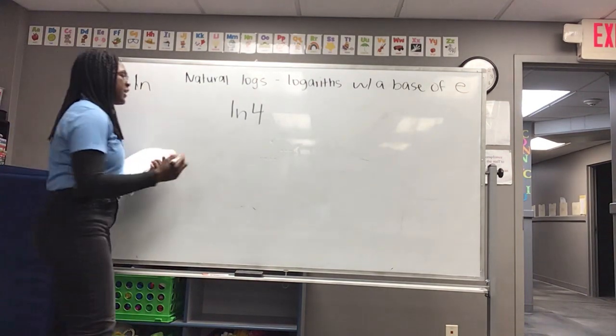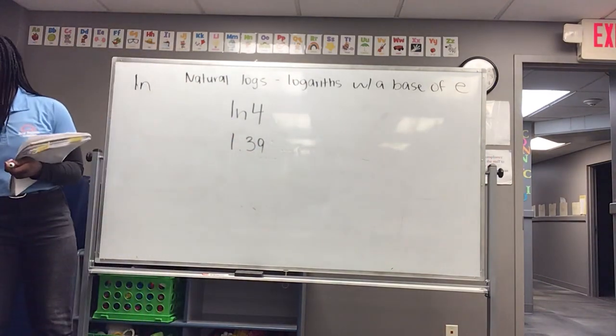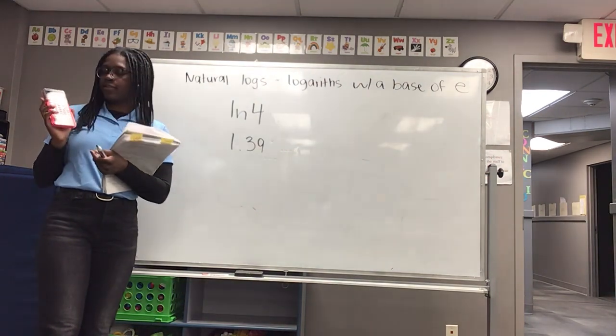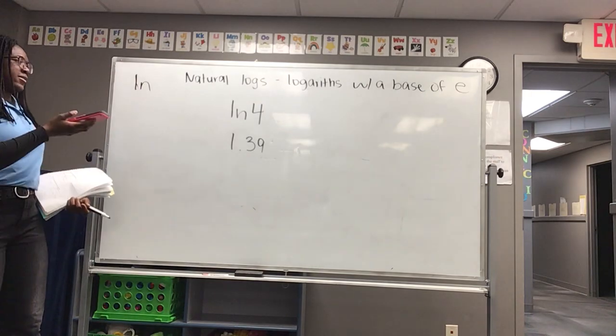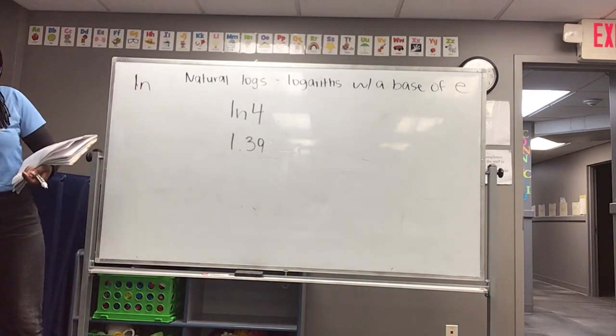Yep, 1.39. I'm sure you guys found it, but there is a natural log button on the calculator. It's right under the log button, kind of next to the 4. So natural log 4, you can just type that in and you'll get 1.39 out.